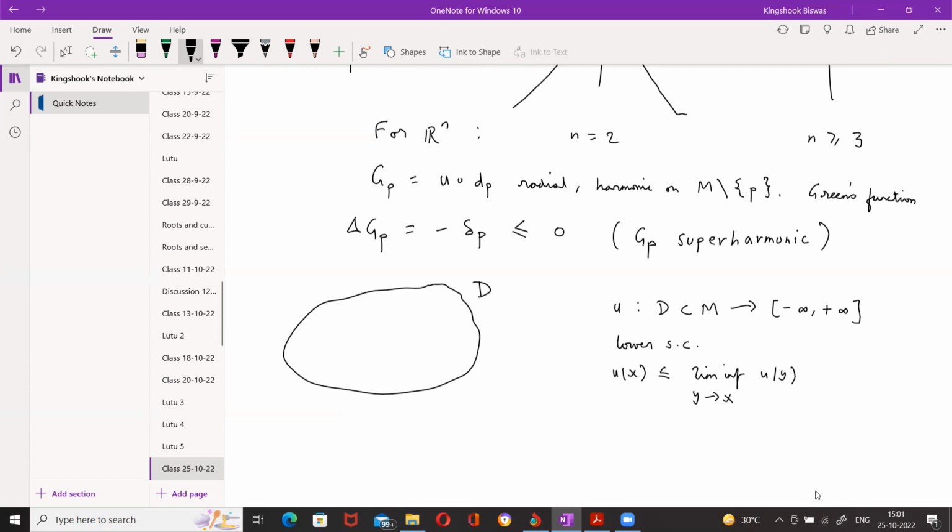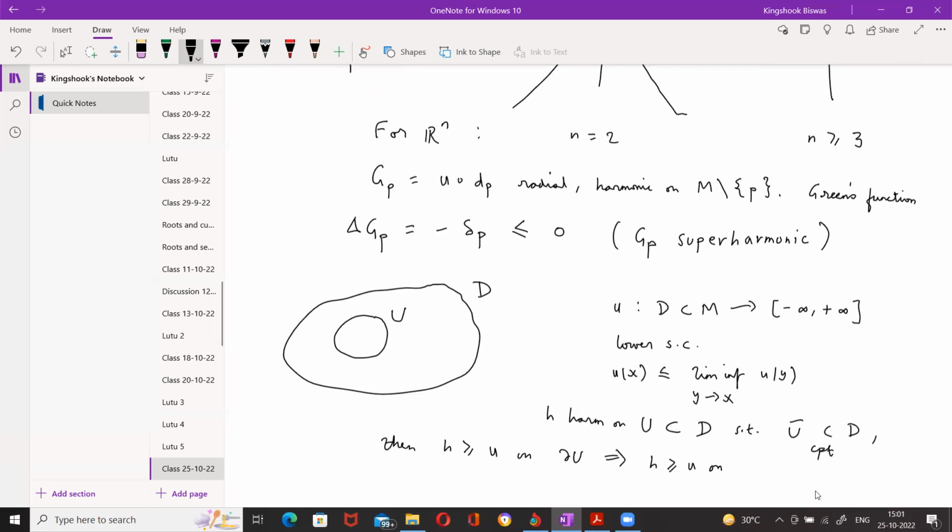And what you want is, if I take any domain really inside D, say a U, and I have a function h harmonic on U, so this is a domain inside D such that U closure is a compact subset of D, and such that h is greater than or equal to u on the boundary of U, then h is greater than or equal to u on the domain U.